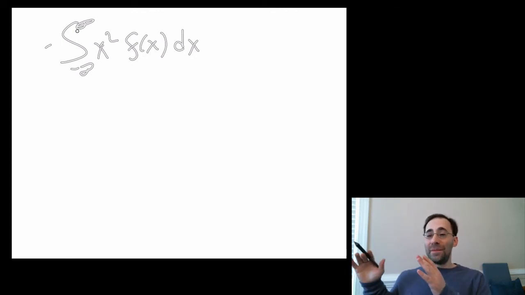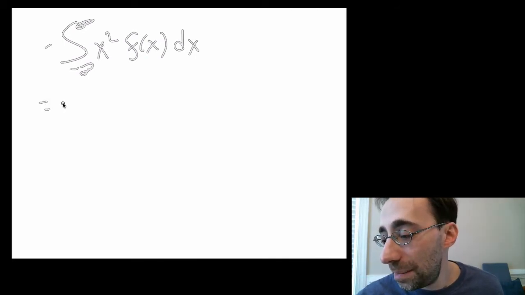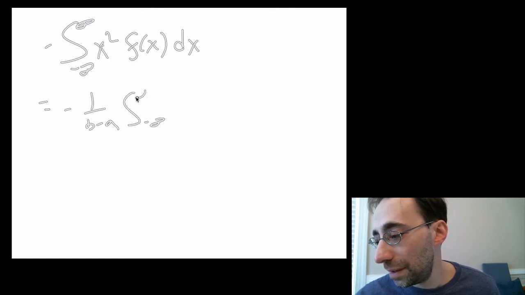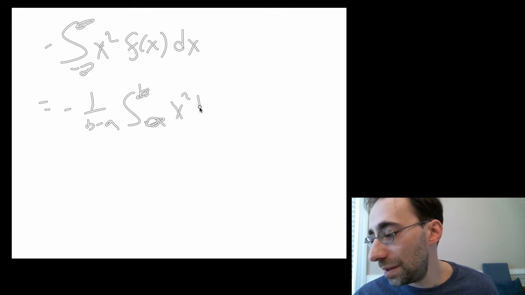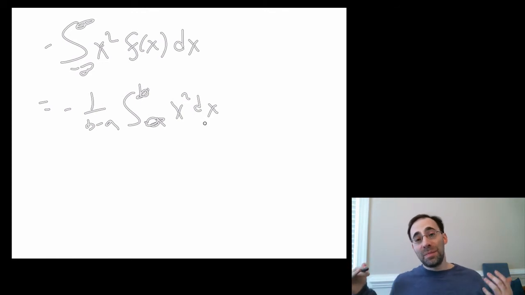However, when you integrate this thing, if f is a uniform distribution, then this ends up being 1 over b minus a, the integral of a to b of x squared dx, and that's 1/3 x cubed.